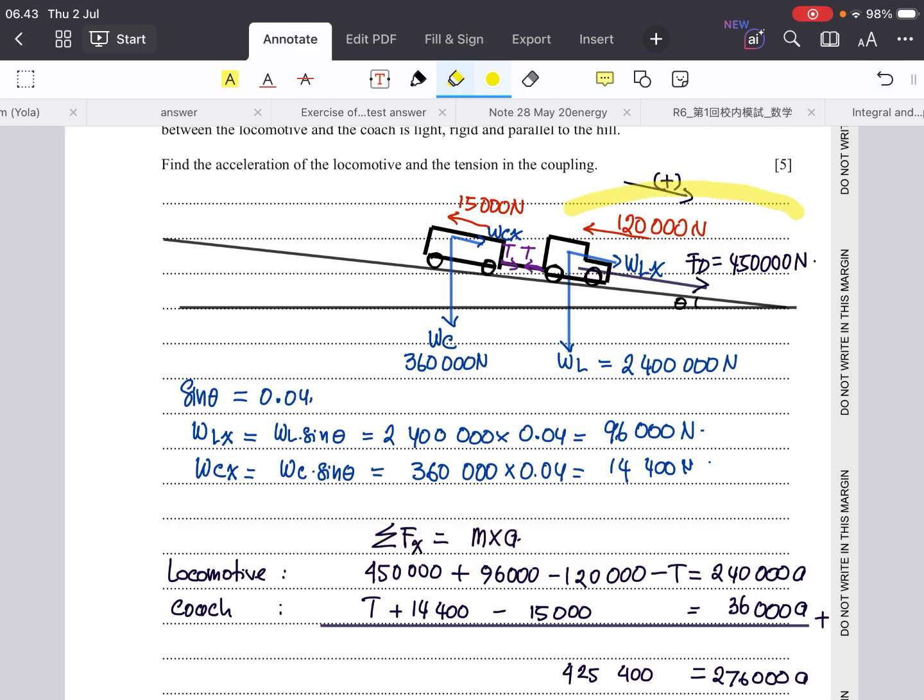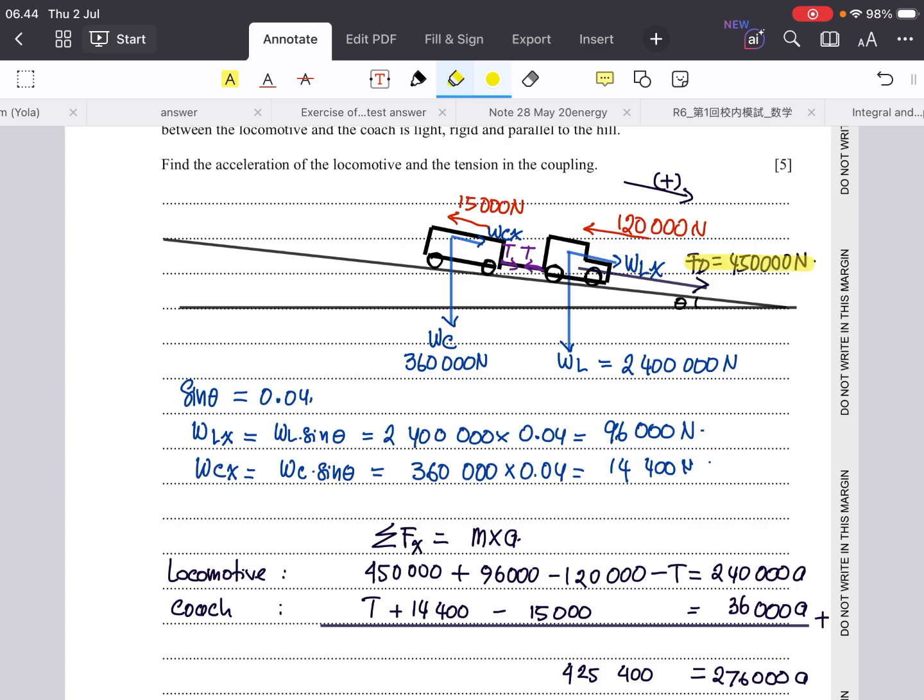With the help of this diagram, we can make an equation on the locomotive. The system moves down the hill, so we are using the positive direction following the direction of the motion.